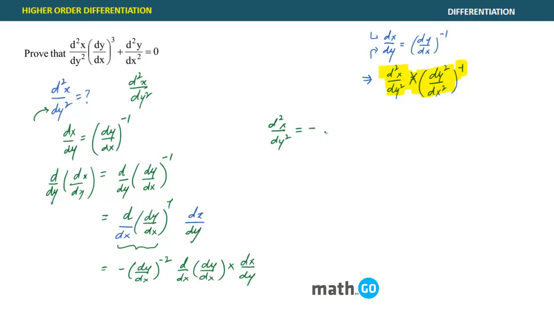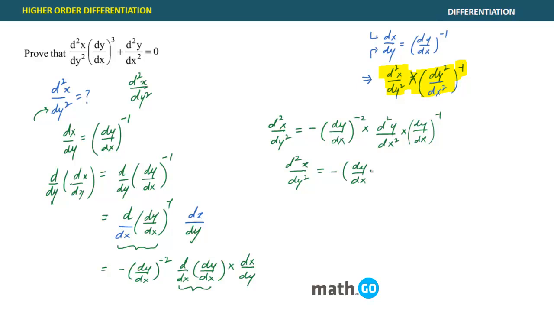It becomes minus (dy by dx) to the power minus 2. This quantity becomes the double derivative, which we know, that is d²y by dx², and I can write this other quantity as again (dy by dx) raised to power minus 1. So if you club this, d²x by dy² is equal to minus (dy by dx) raised to power minus 3 times d²y by dx².